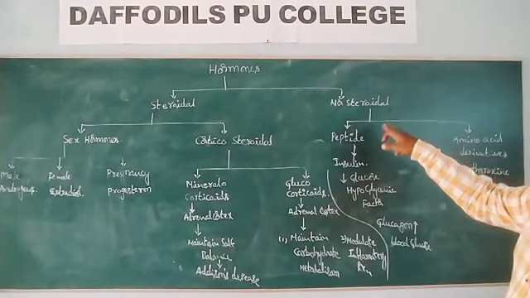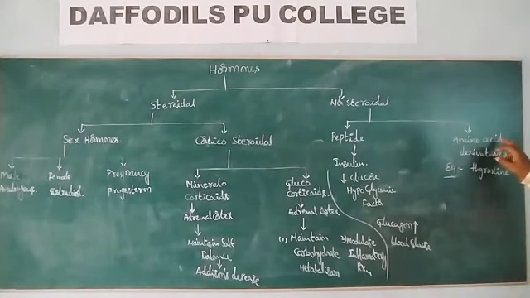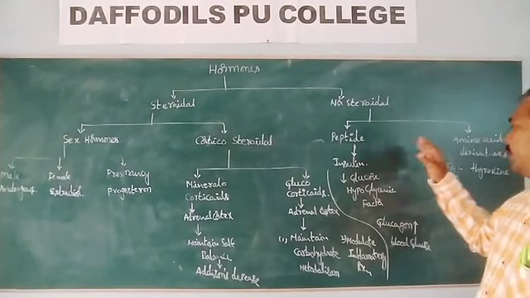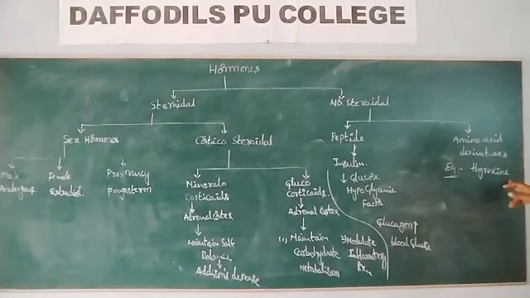Next one is non-steroidal hormones. These non-steroidal hormones are again of two types: peptide hormones and amino acid derivatives. First, we will look at the amino acid derivatives. One of the amino acid derivatives is thyroxine. This thyroxine is secreted by the thyroid gland.